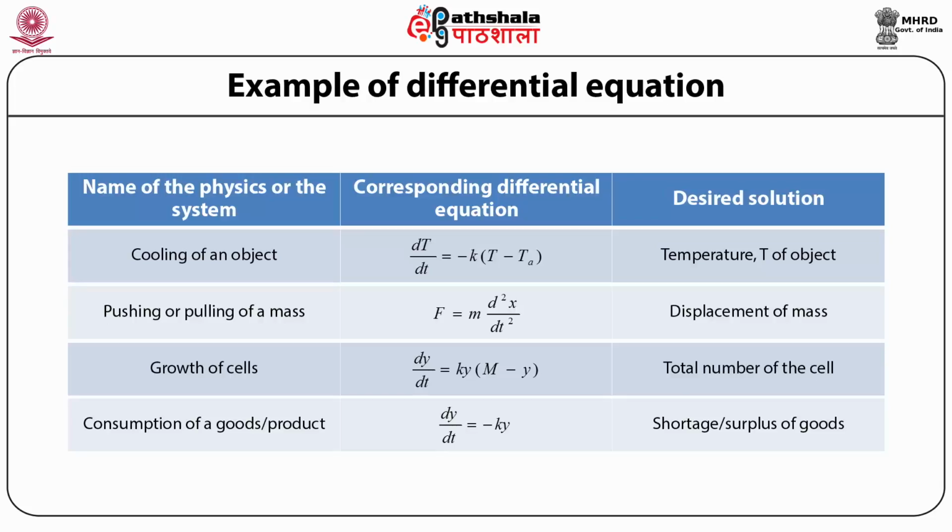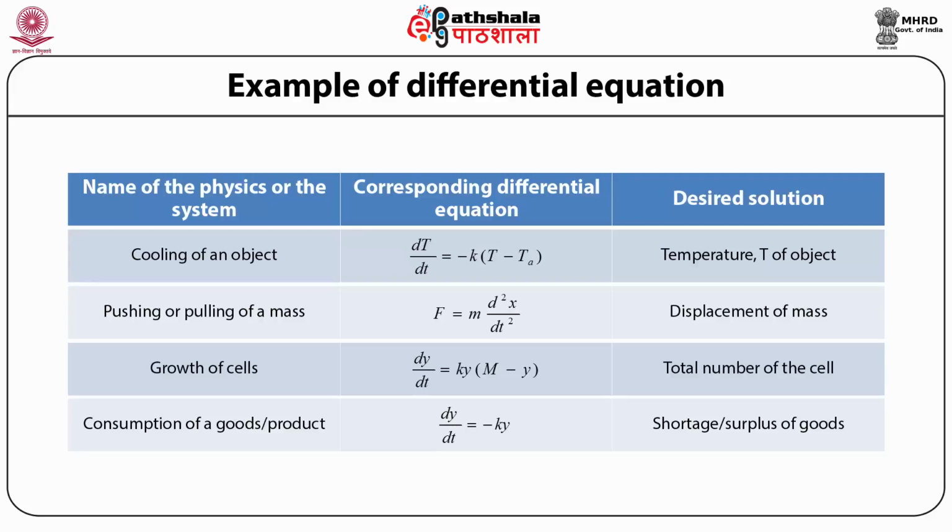So the first step is to correlate the physics with the differential equation. That is what we are going to see in column 1 and column 2. Then we will see what we really wanted to understand by solving that equation. What is the first physics of the problem we want to see?